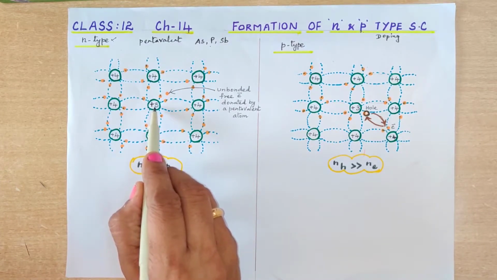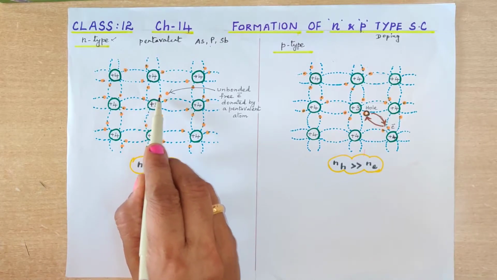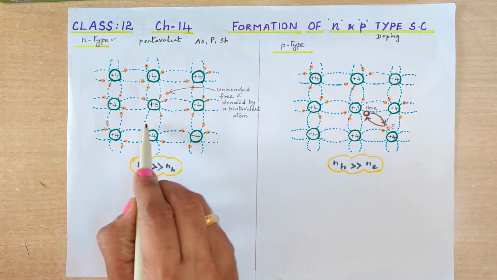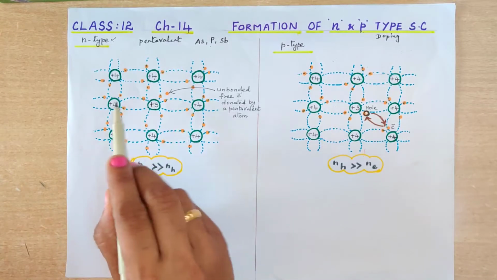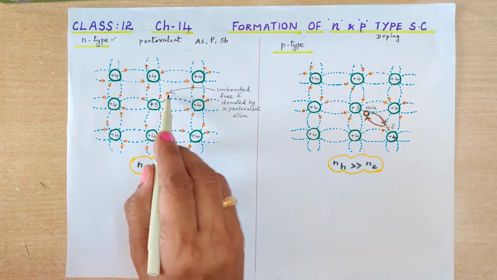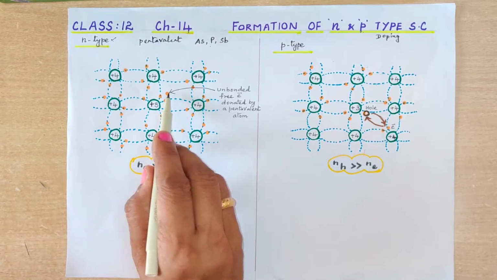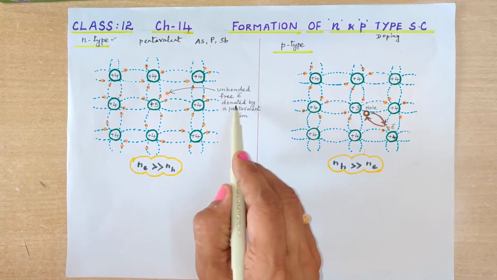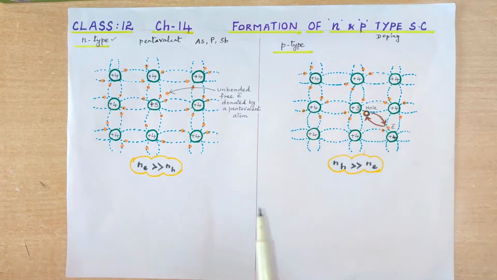Because it has 5 valence electrons, 4 electrons out of 5 form the covalent bond with the neighboring silicon or germanium atoms, but only one is left free, and that is the unbonded free electron donated by a pentavalent atom.